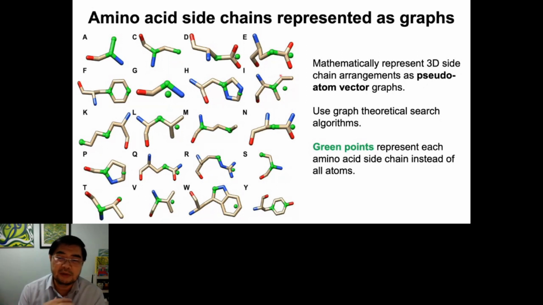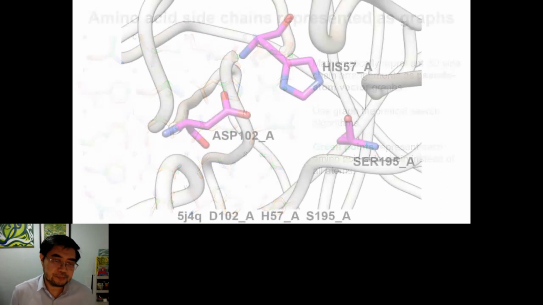Okay. So we can represent the side chains of these amino acids as graphs, where we refer to them as pseudo atoms, because we're taking a graph and representing the whole side chain as a pseudo atom or a pseudo atom vector. This is just a single representation, which is a simplification of the amino acid side chain.